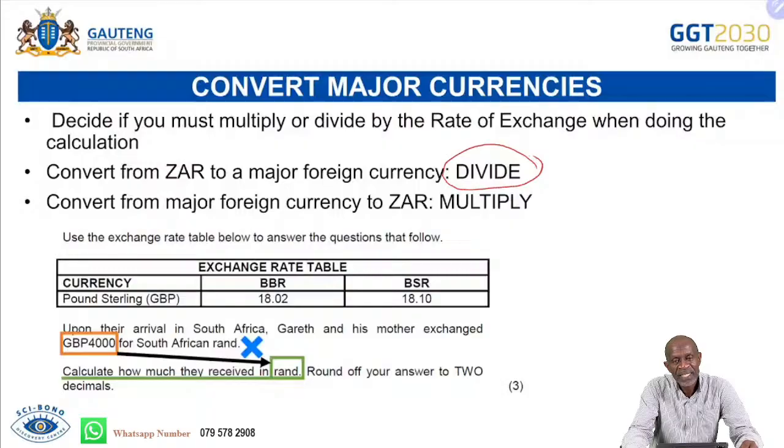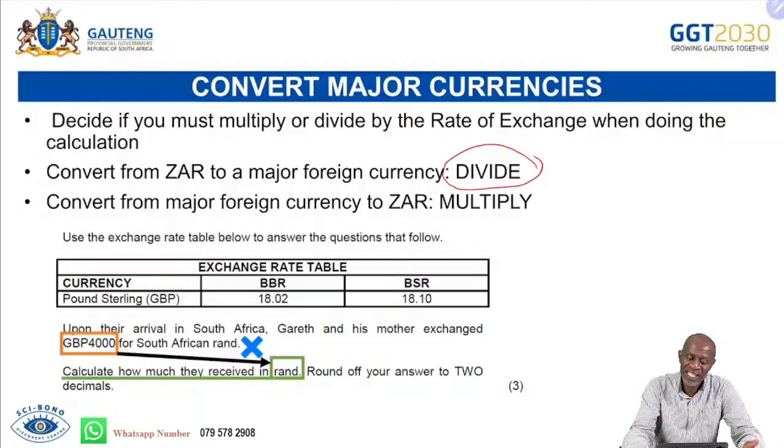When you want to convert South African rand into other currencies, you always divide. When you convert from major foreign currencies to South African rand, if you want to change foreign currencies into South African rand, you always multiply.